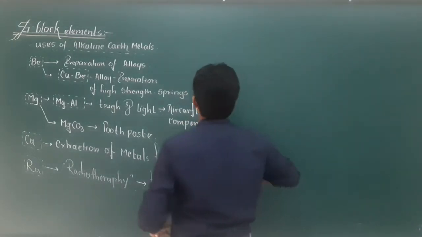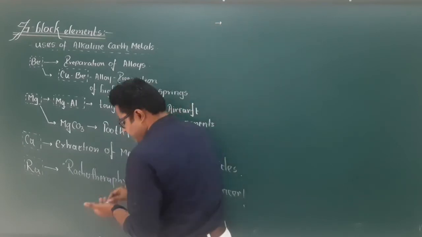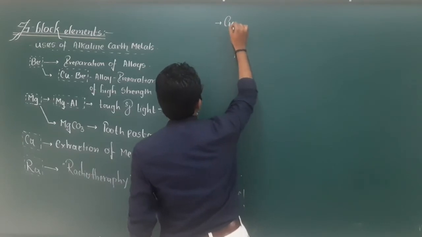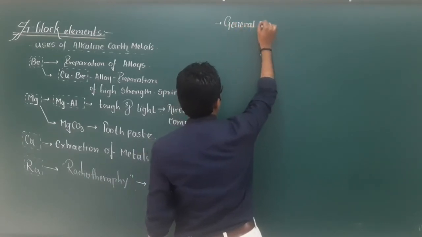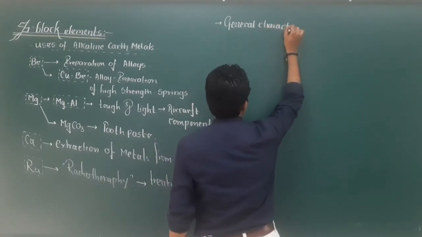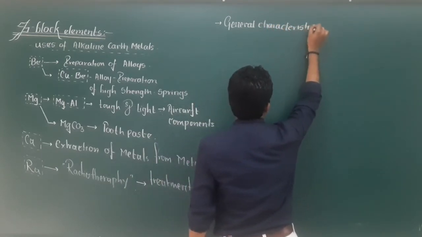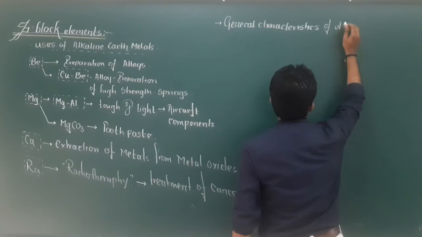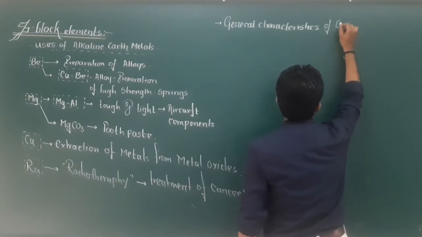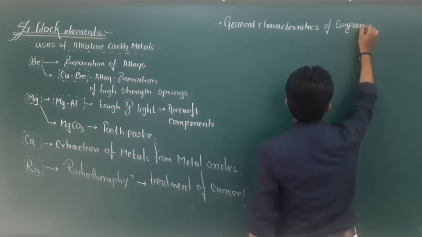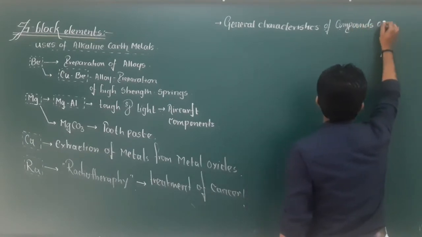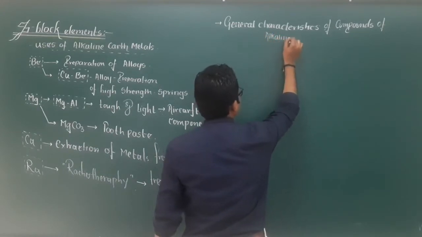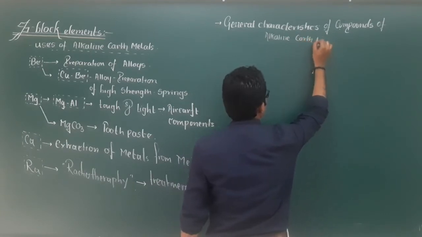Moving forward with the next one, and that is going to be the general characteristics of compounds of alkaline earth metals.